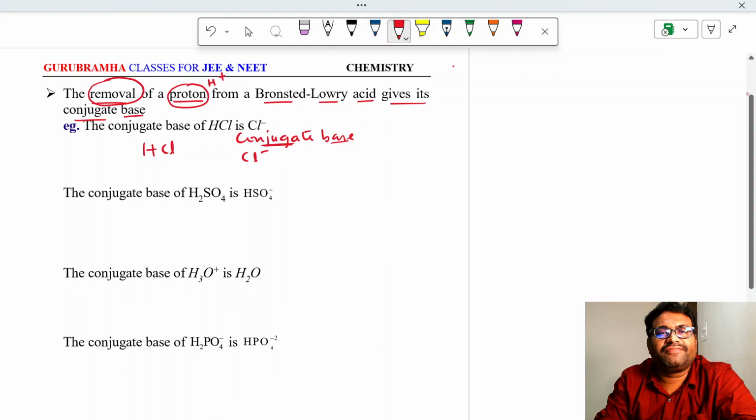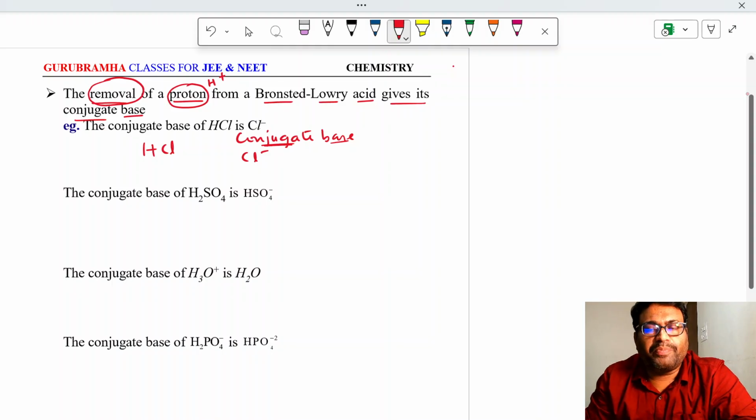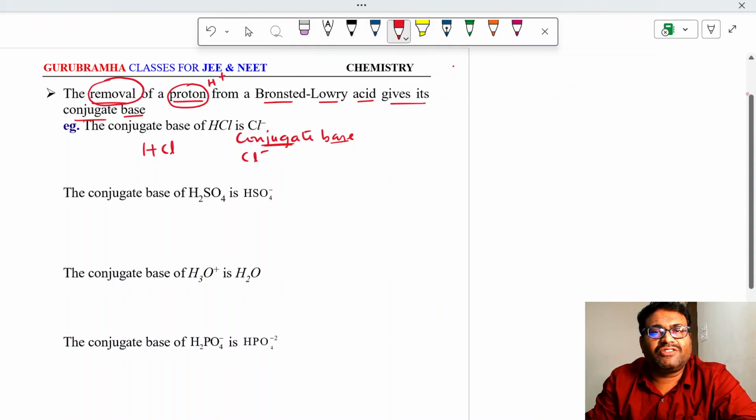Simple thing. On removing a proton from a substance, what do we get? Conjugate base. When is this applicable? This is applicable only when that substance contains a proton. If it does not contain a proton, or if that proton is non-removable, it is not possible to remove.